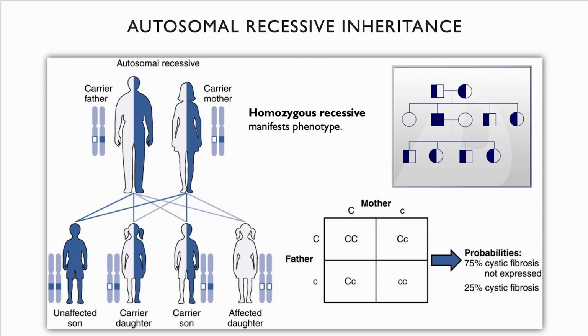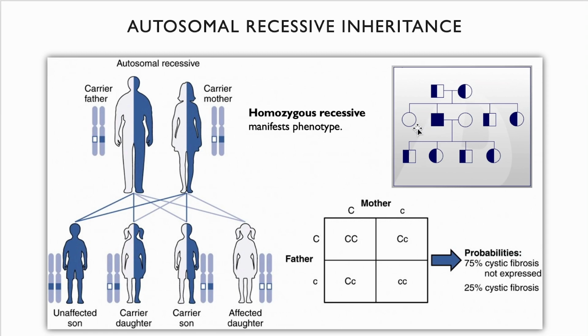So let's take a look at the pedigree here. Here you can see what we were explaining before. Notice the family tree. This male and this female, these parents, are both carriers, so they don't manifest the disease.